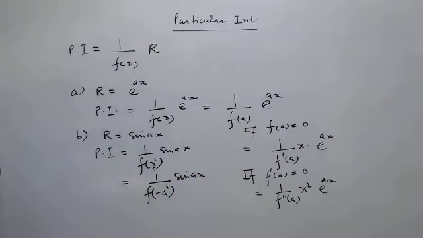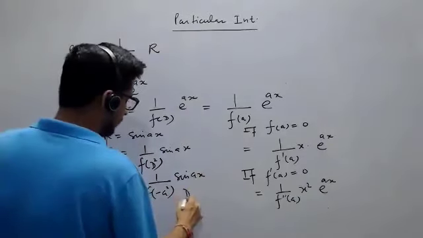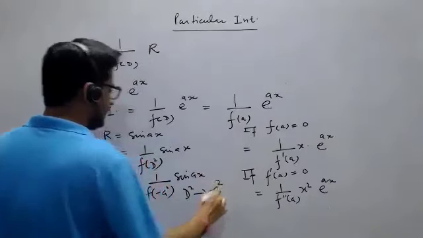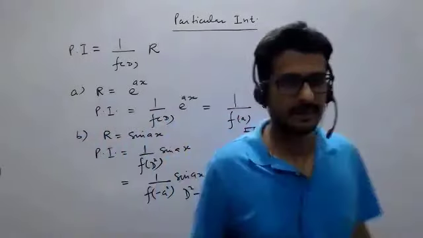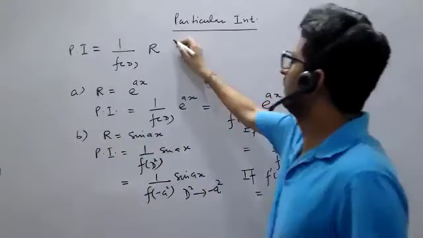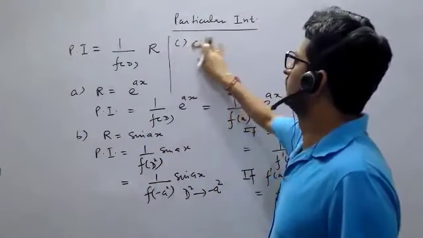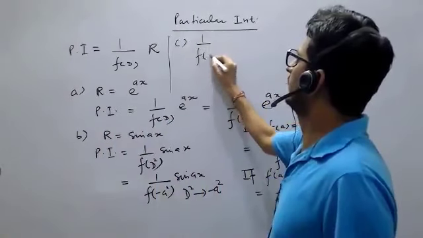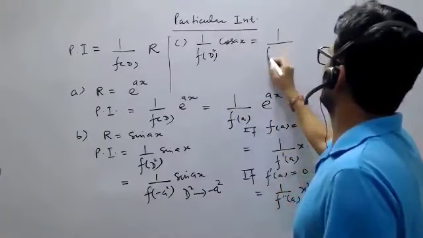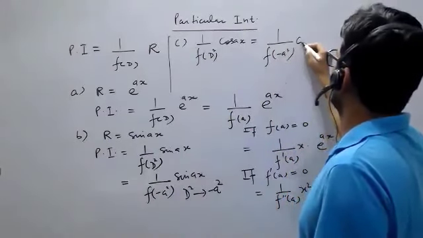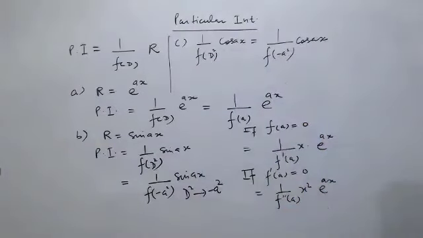Please see it carefully. The D square will be replaced by minus a square in this case, and it is 100% similar for cos also. If you want to write the particular integral like this, 1 upon f of D square cos ax, then it will be 1 upon f of minus a square and cos ax. Correct?